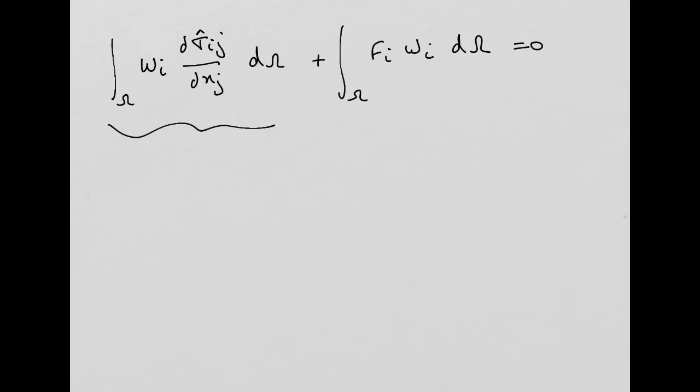So if I do that, I get minus integral in the domain, and I will have the derivative now of my weighting function with respect to xj, which will multiply my approximated stress field.